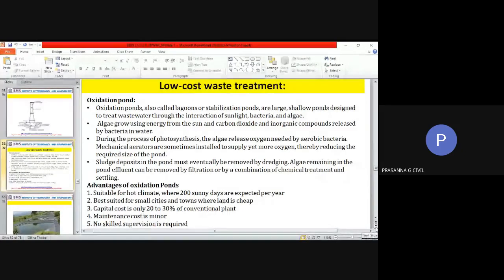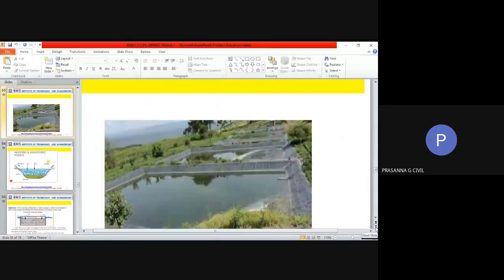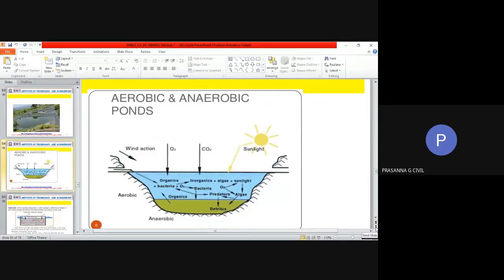So I think I showed you this figure, and we were looking at this representative diagram. Oxidation ponds are supposed to function in an aerobic manner, but there can be anaerobic lagoons or ponds also. The bottom portion is where the anaerobic effect happens, because of all the solids that are deposited.